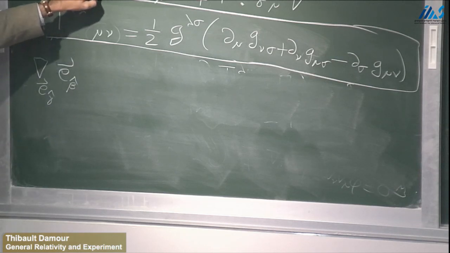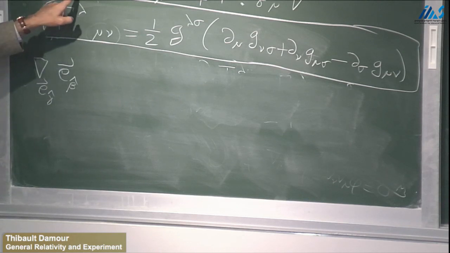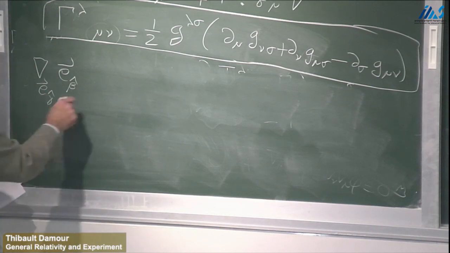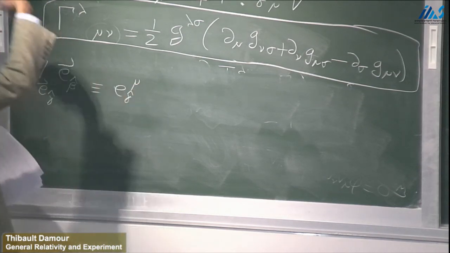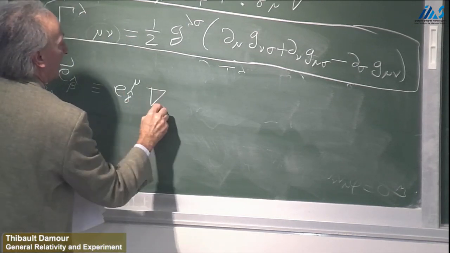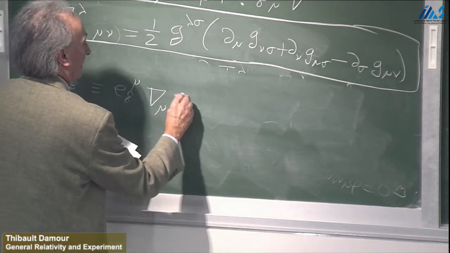So I take the derivative nabla along a vector E gamma, which is a certain vector with a mu index up. It means I project the directional derivative nabla mu along the direction gamma. So I take a covariant derivative along the basis vector E gamma of another basis vector E beta.